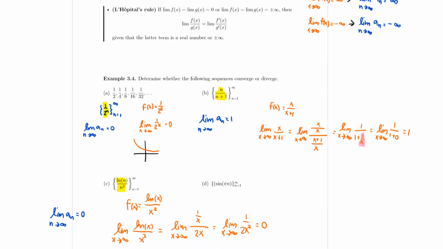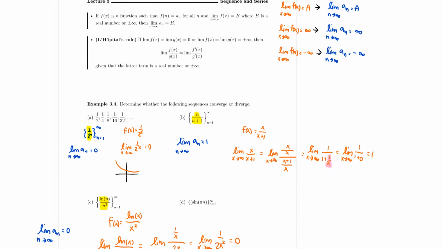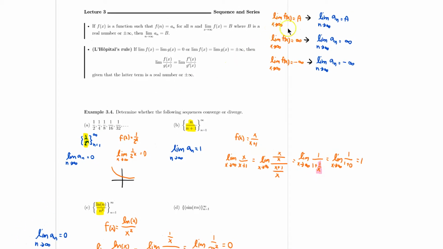Okay. Now, there is actually one exception to what we have talked about here. If the limit of the function is a number, then the limit of the sequence is that number. If it's infinity, then the limit of the sequence is infinity. Or if the limit of the function is negative infinity, then so is the limit of the sequence.